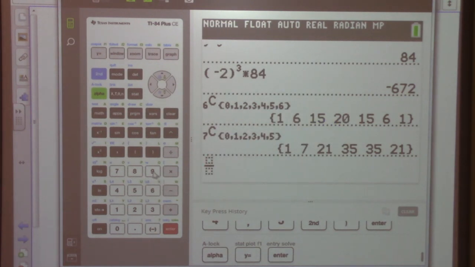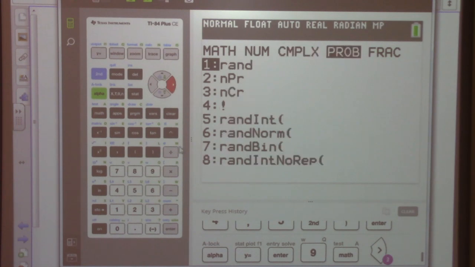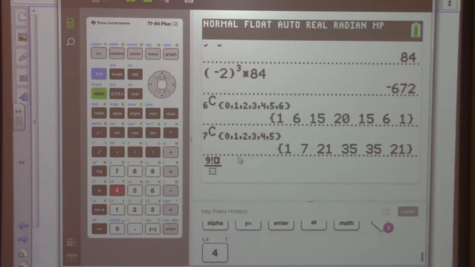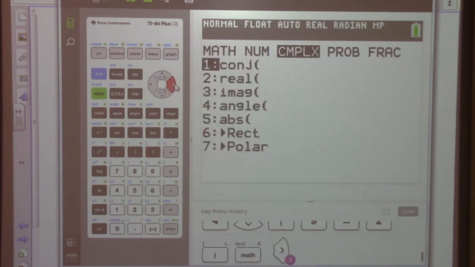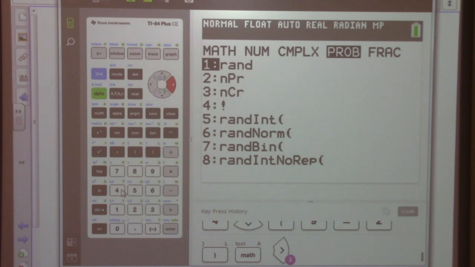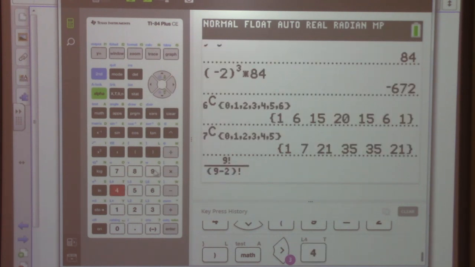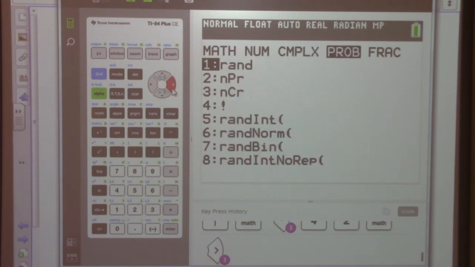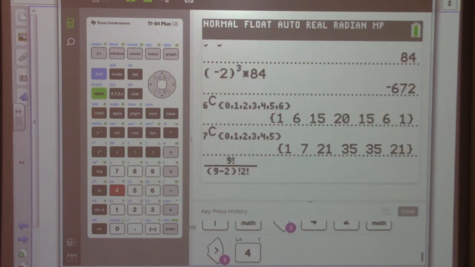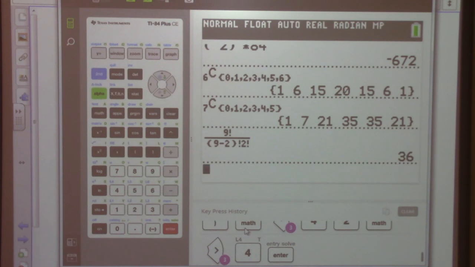I'm going to put 9, and for factorial, I go to math, probability, and I go to 4. You see that exclamation point? And down here, I'm going to go 9 minus 2 factorial, which is math 4, and times 2 factorial. And so we go to factorial one last time, and we press enter, and we get that for an answer.